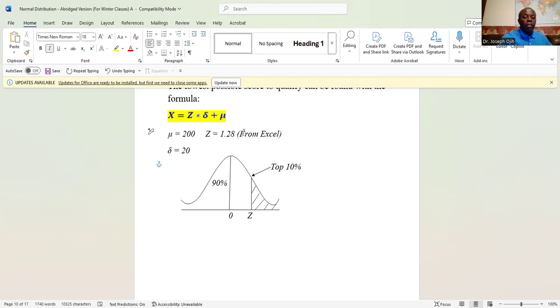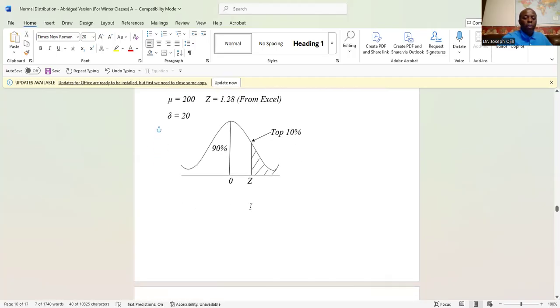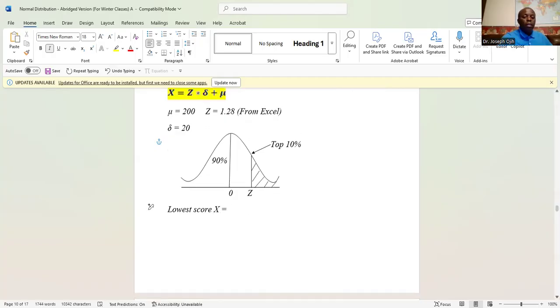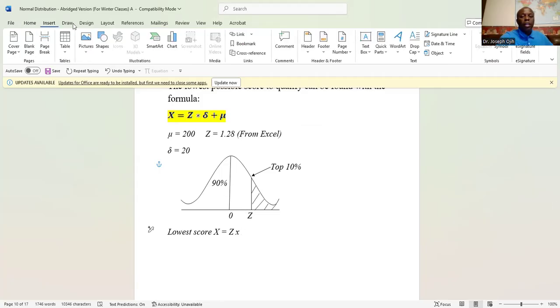With that, we are ready to calculate the lowest possible score to qualify. The lowest score X equals Z times the standard deviation, which is the delta, plus the mean.